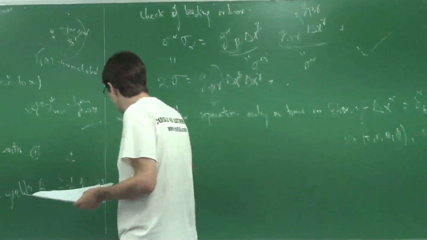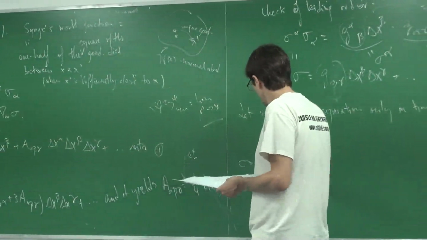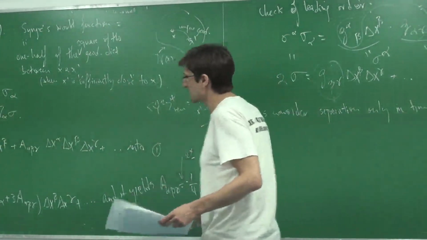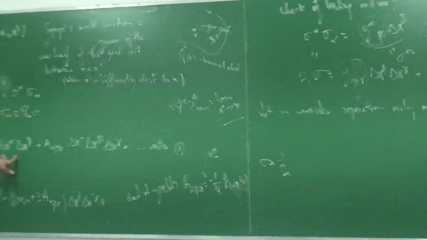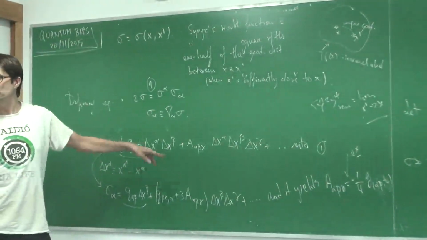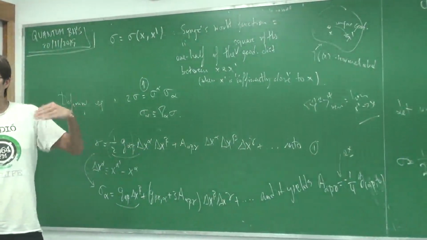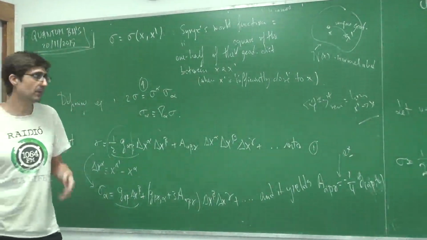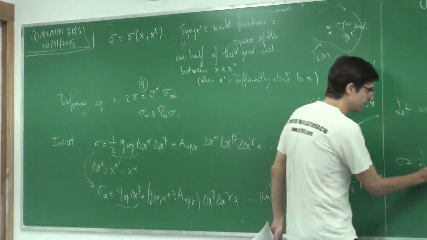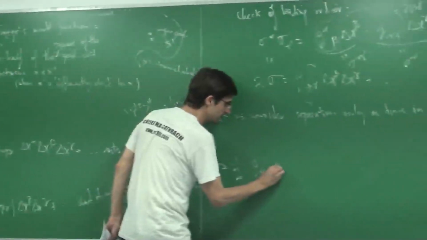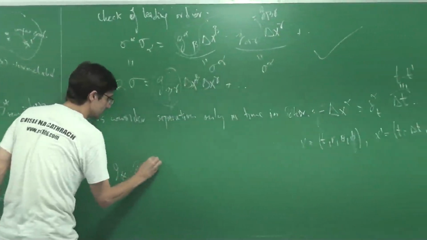So in this case, sigma, well, you go to your expression here. Now delta x alpha and delta x beta, the only non-zero components are the t components. So this is 1/2 of g_tt times delta t squared.